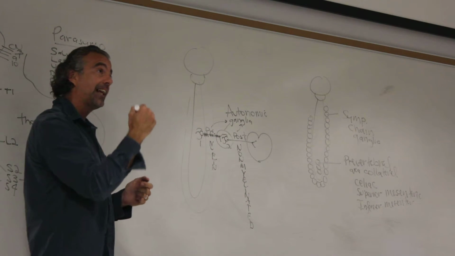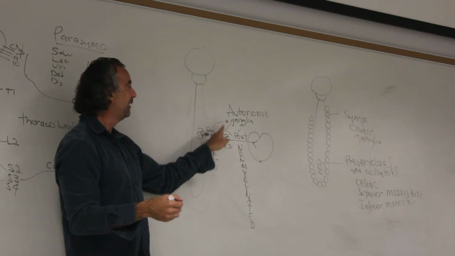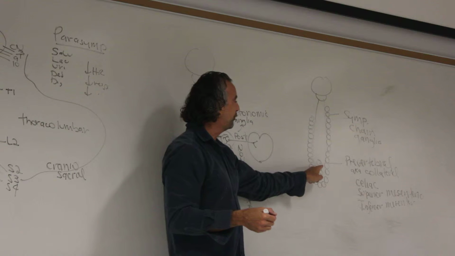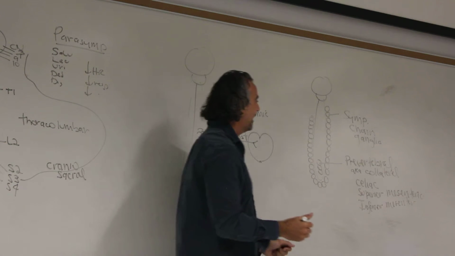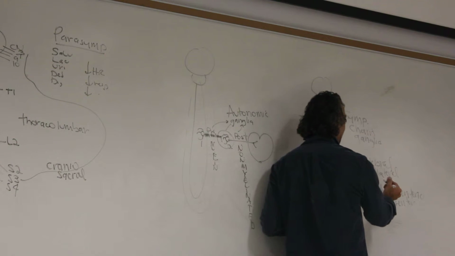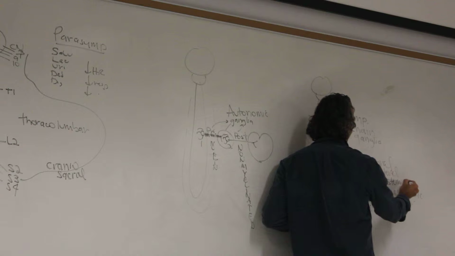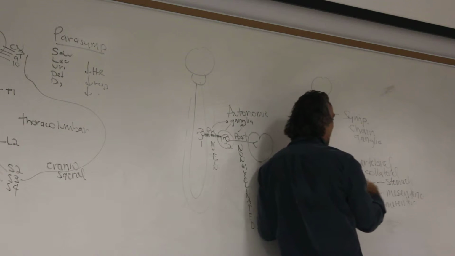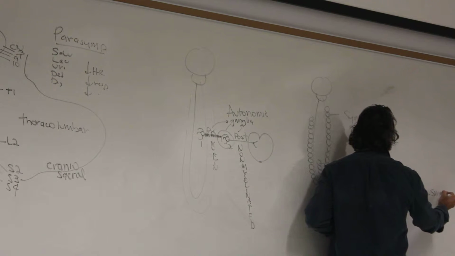And we said yesterday, if I were to synapse in a ganglia, which one I synapsed in would determine where I was headed in the body. So if I did my celiac ganglia, I would go to my tummy, so to the stomach. If I did my superior mesenteric, I would probably be heading to my small intestines.